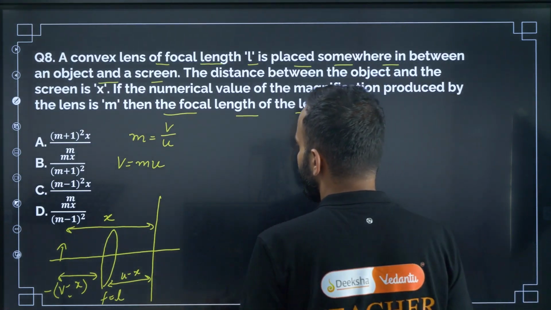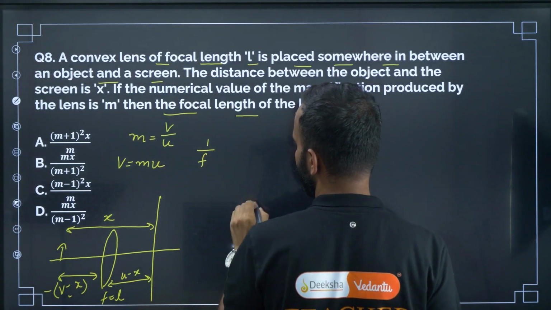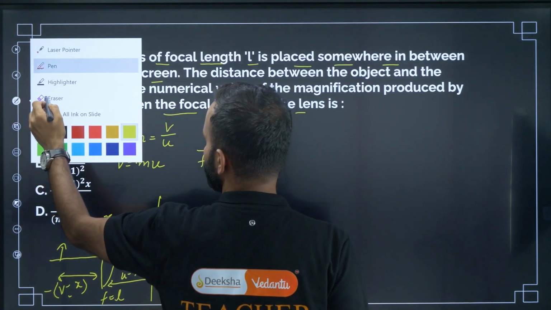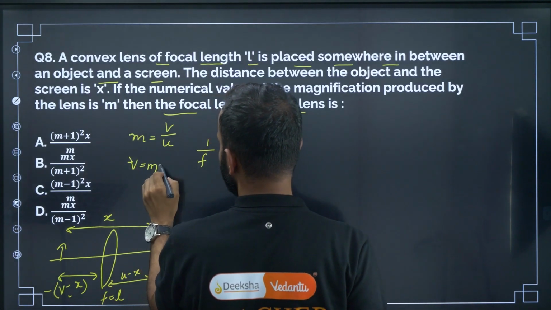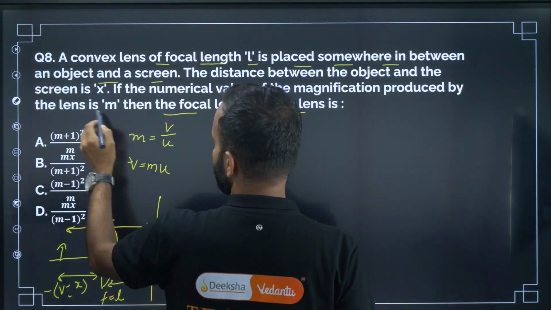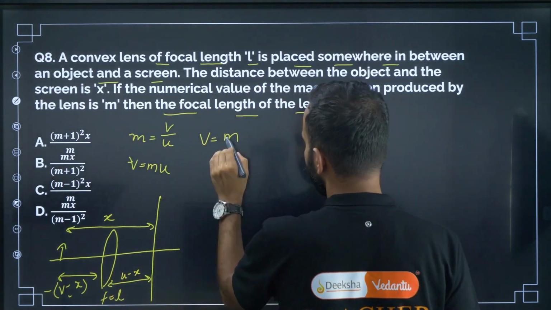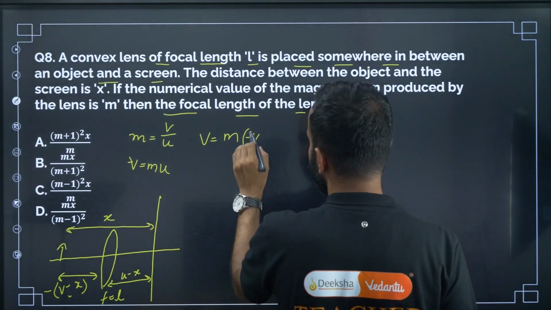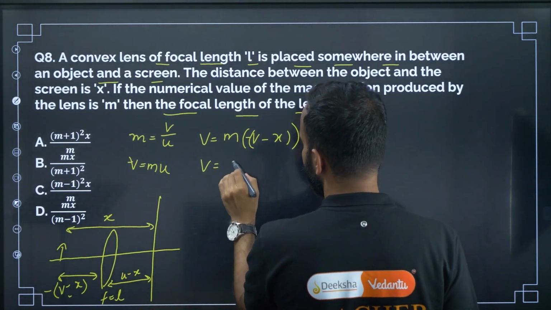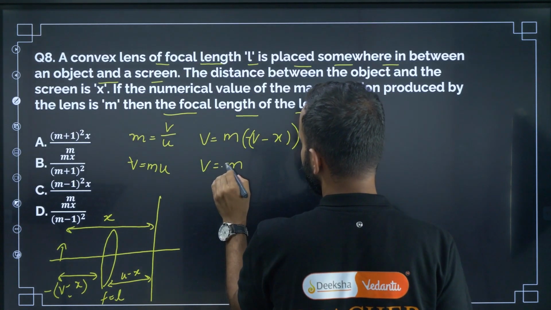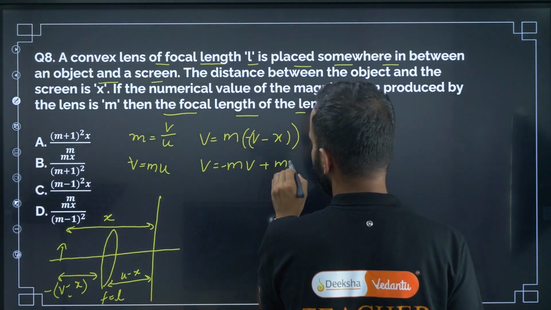So v equals m into minus of v minus x, which gives v equals minus m into v plus m into x.